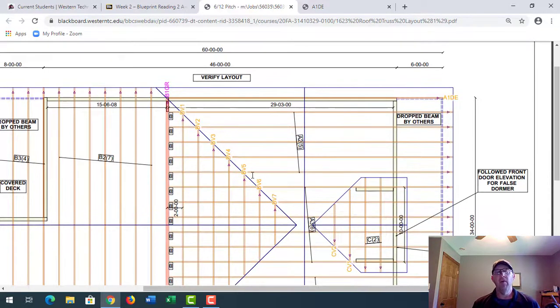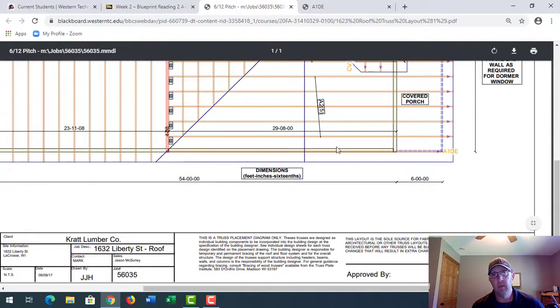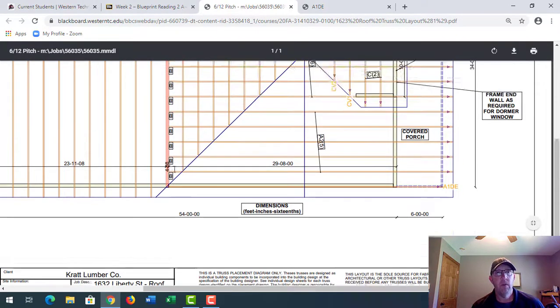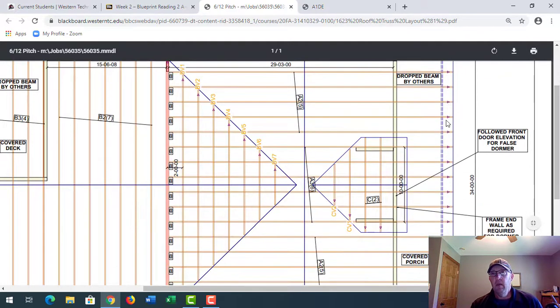So part of what you're doing, guys, is you're visualizing how this roof is going to look. So I know that that truss is going to go there, and it's going to go on this end here. It doesn't go any farther because the other trusses that are over here, these B2s, the overhang is right here, so it can't go any farther than that, all right?